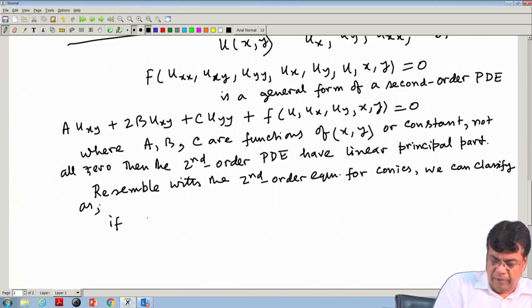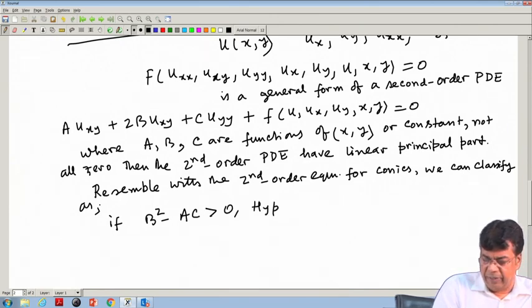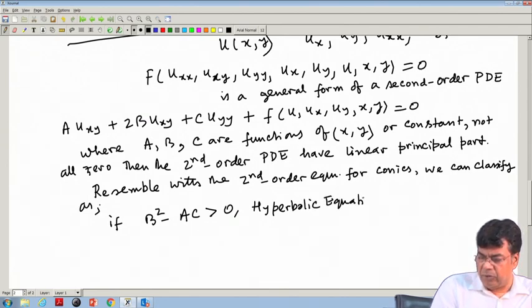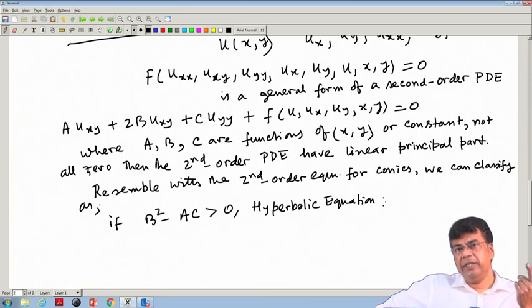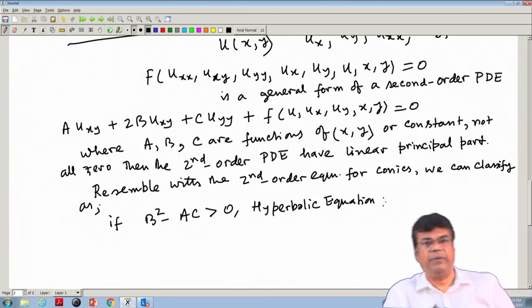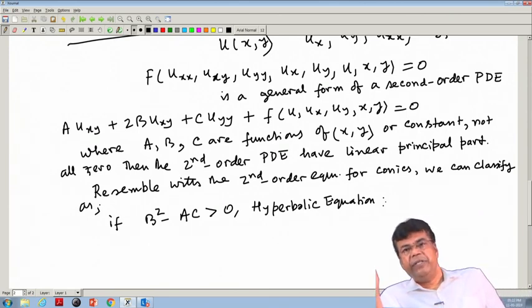If b square minus ac is greater than 0, this is called the hyperbolic equation. Again, it has nothing to do with the solution form. It is just a resemblance with the second order conic equation.